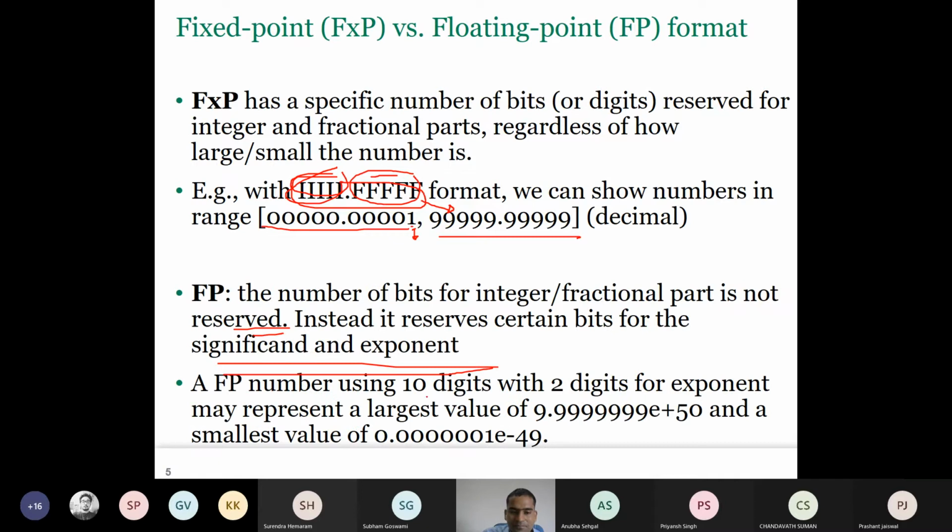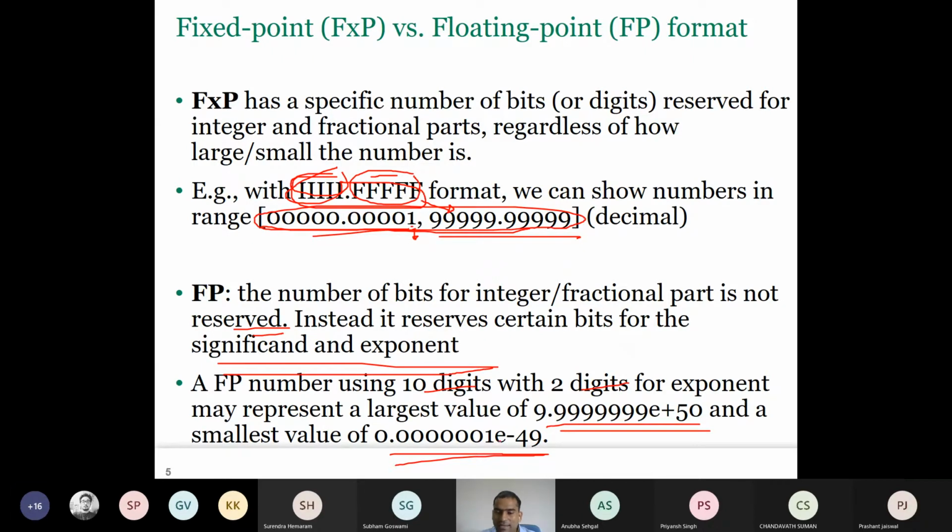Now, suppose we have an FP number system in base 10 with 10 digits, with 2 digits for the exponent. The largest value we can represent is this one, and the smallest value is this. How we came up with this, I will discuss separately when I discuss the floating point number system. For now, just assume this is correct. One thing you can see is that the fixed point range is very small compared to this range.